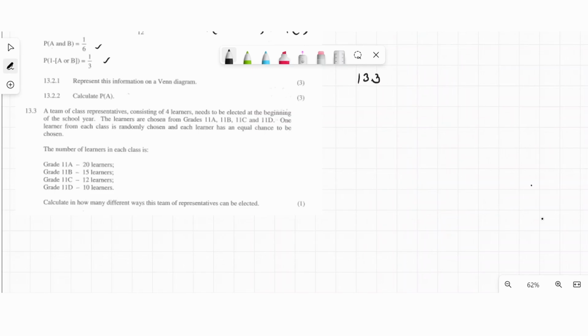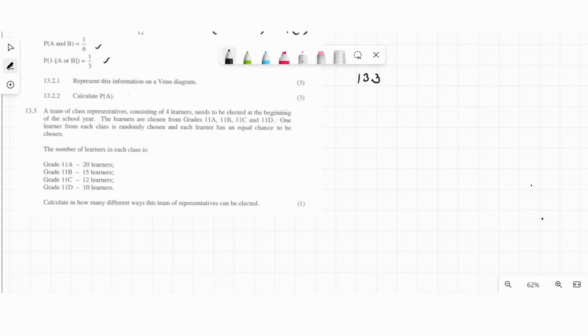So now moving to 13.3, it says a team of class representatives consisting of 4 learners needs to be elected at the beginning of the school year. The learners are chosen from grade 11A, 11B, 11C and 11D. One of the learners from each class is randomly chosen, and each learner has an equal chance to be chosen. They give us the number of learners in 11A, 11B, 11C, and 11D.